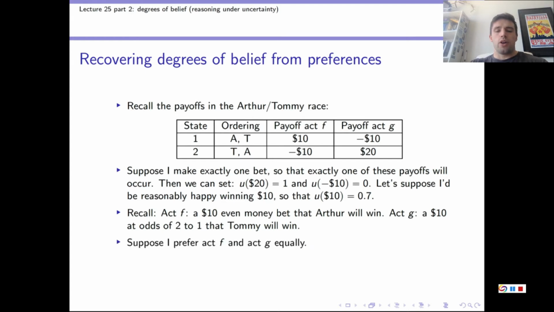Now let's suppose we are indifferent between acts F and G. The degrees of belief we're interested in are the degree of belief in AT, that is the degree of belief that Arthur wins, and the degree of belief in TA, that is the degree of belief that Tommy wins. Now, I want you to pause and have a look at the payoffs according to each act. Think about what the expected utility according to Act F is, and when you've done that, move the video on, because there'll be a question.